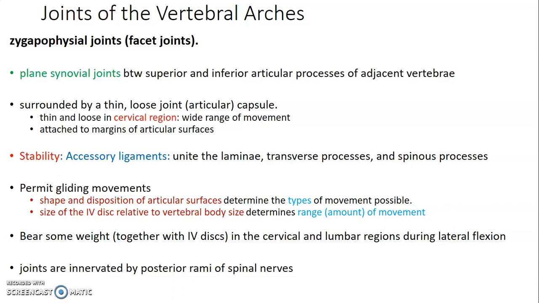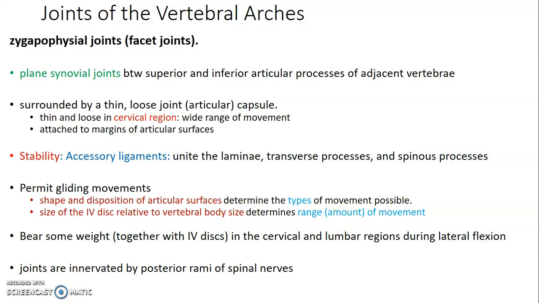So the shape and disposition of the articular surfaces determine the type of movement, and the size of the IV disc in relation to the vertebral body size will determine the range of movement. For example, in the cervical region, the IV discs are bigger than the size of the vertebral body, and that means the range of movement is higher.